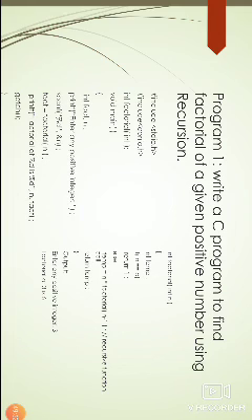It checks the condition: 2 == 0, so the condition is false. Now the else part will be executed, temp = n * factorial(n - 1), so factorial(2 - 1), that is 1.